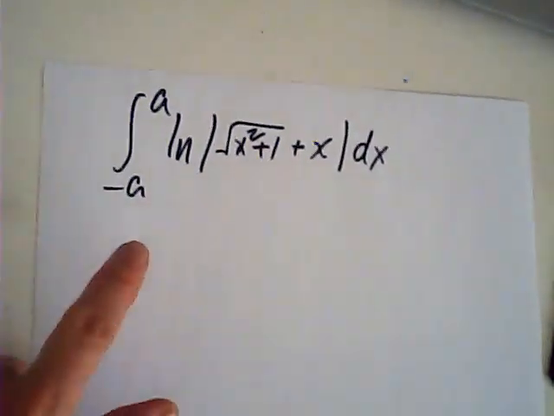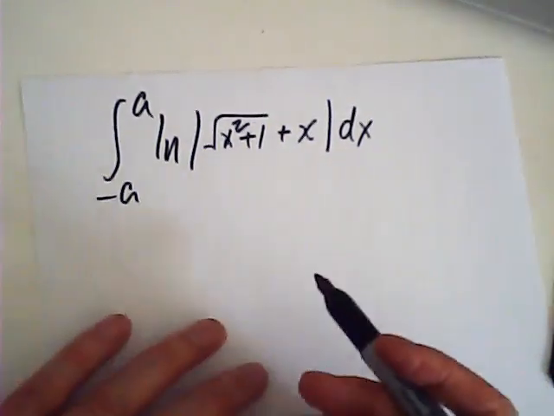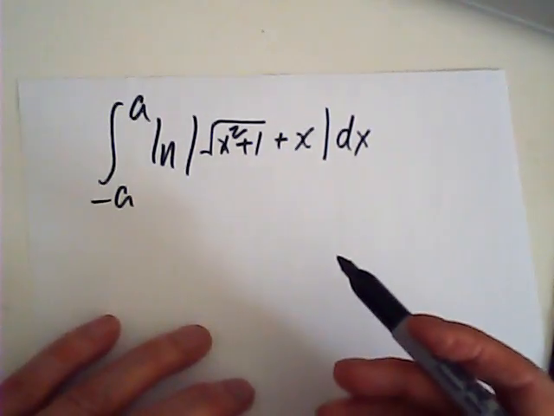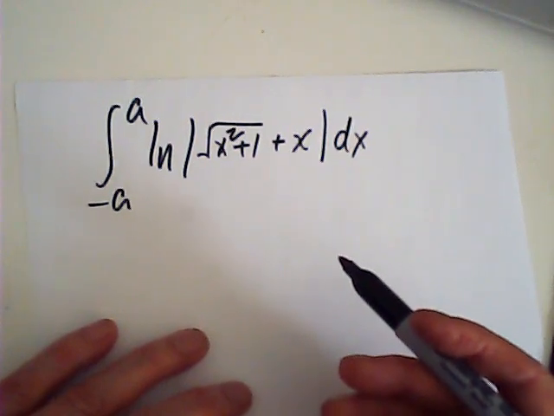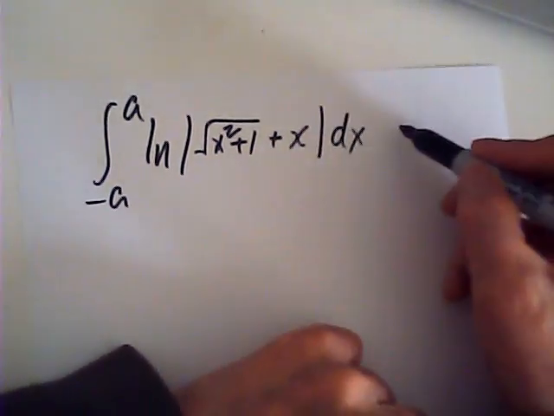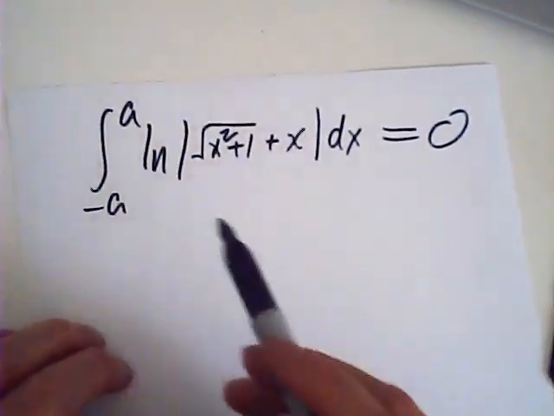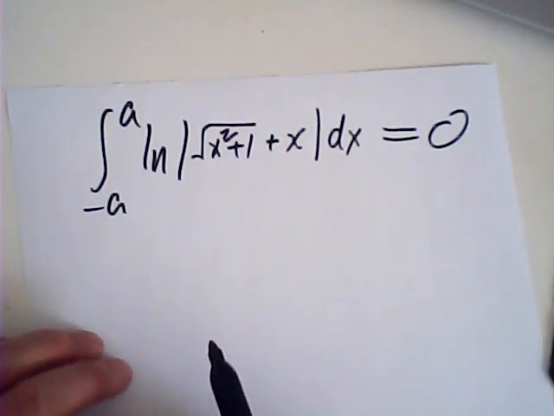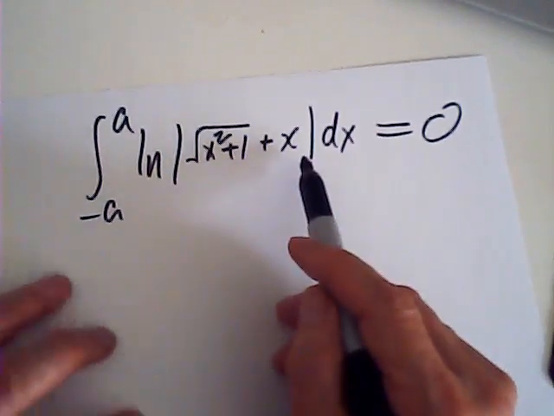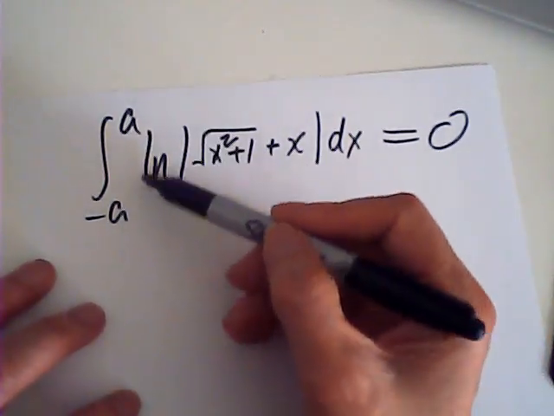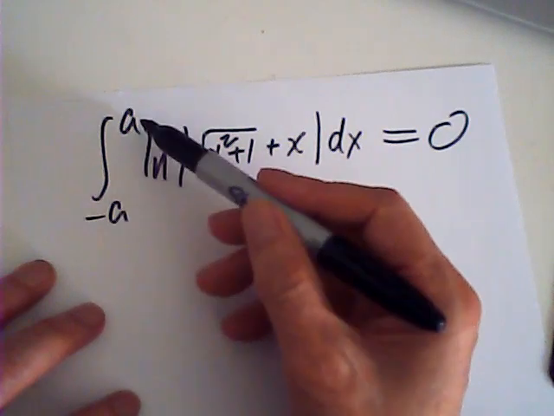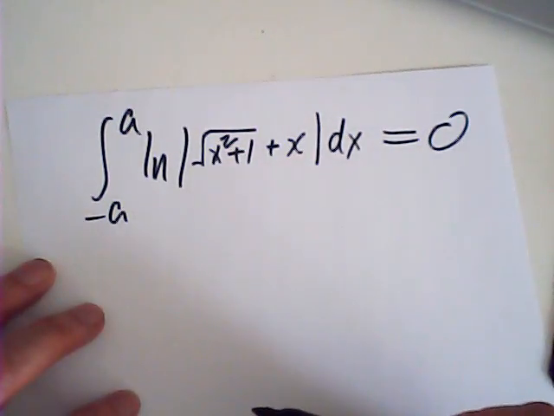Now, in method 3, we don't even have to integrate. We know right away this is 0. You know why? Because this function is an odd function. If this is an odd function, integrating from negative a to positive a gives 0.